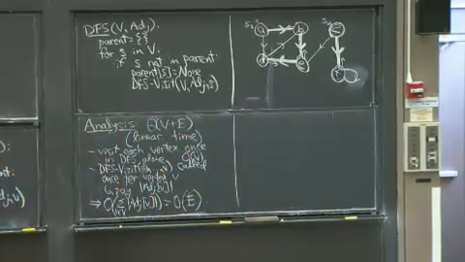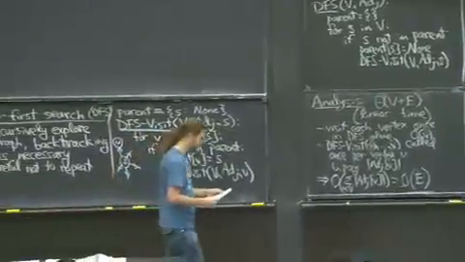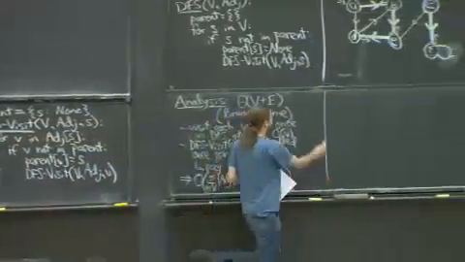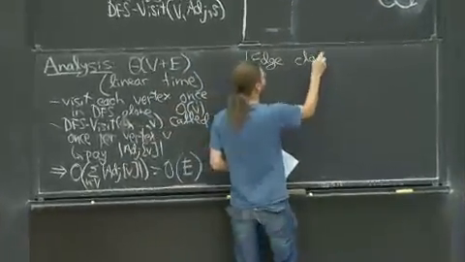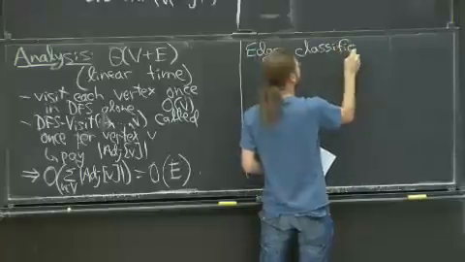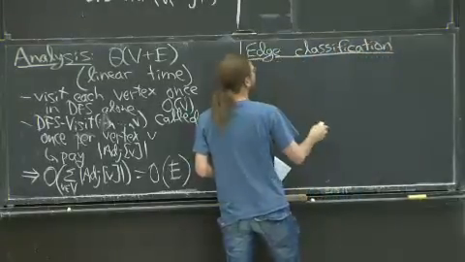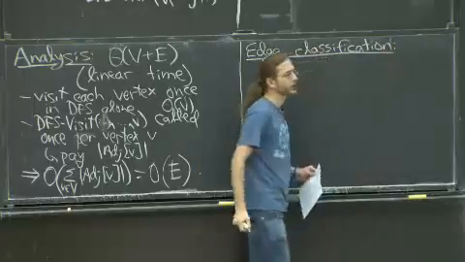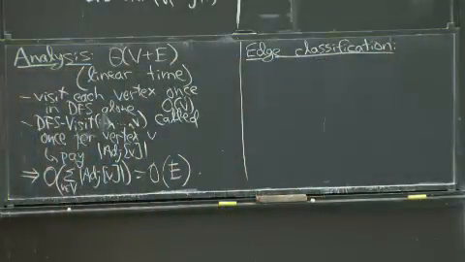But it's extremely useful, in particular in the way that it classifies edges. So let me talk about edge classification. You can check every edge in this graph gets visited.